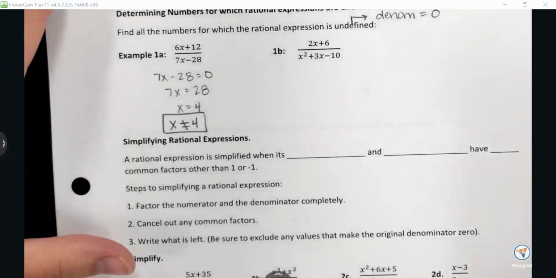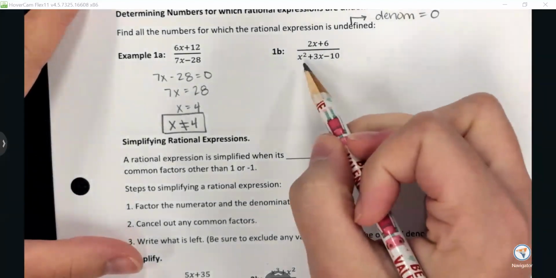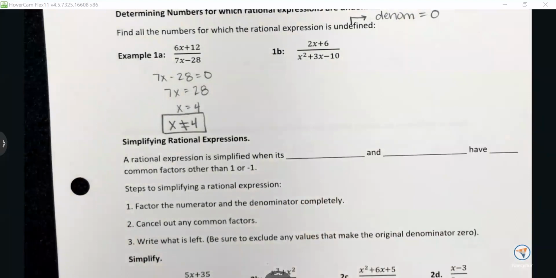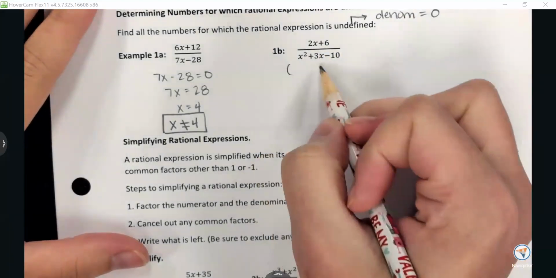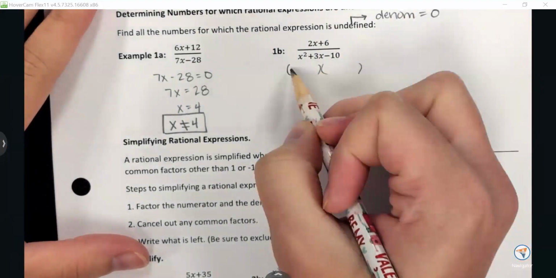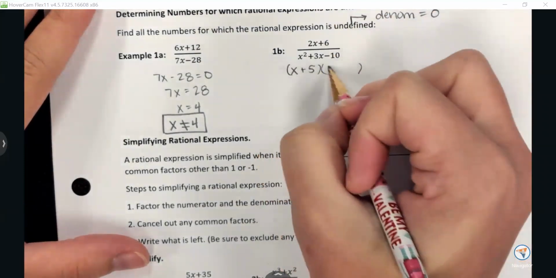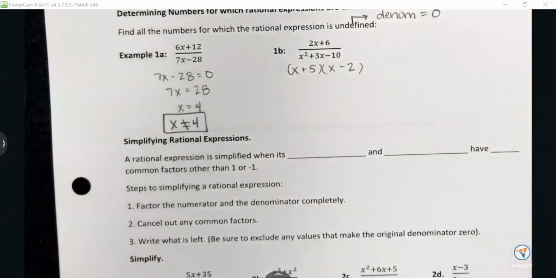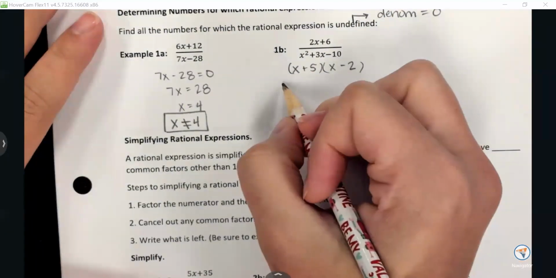Okay. So if I go to the second example over here, my denominator x squared plus 3x minus 10, I can't solve it, but I can factor it. So if I get some factors here, I will have x plus 5 and x minus 2. So I have to set both factors equal to 0.